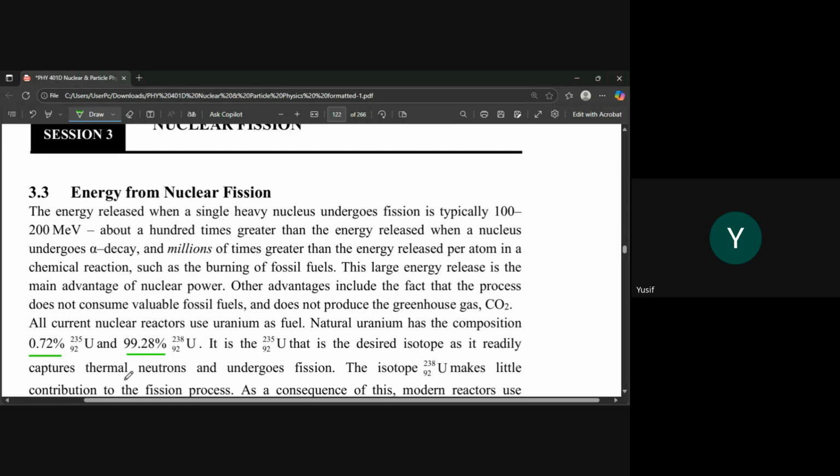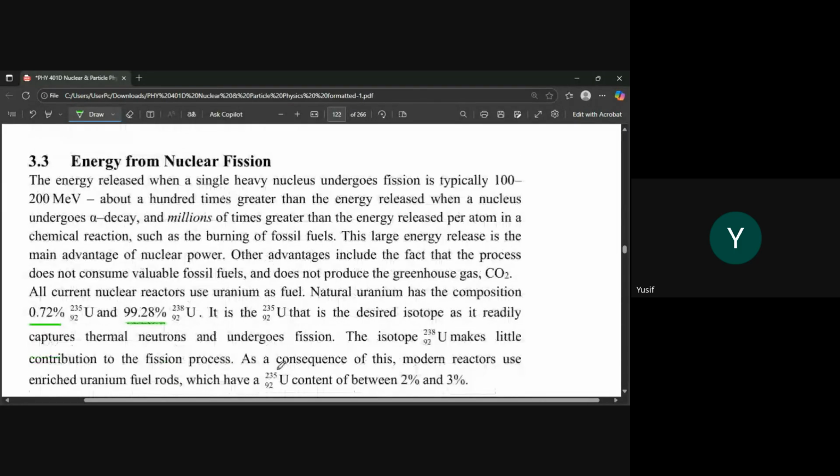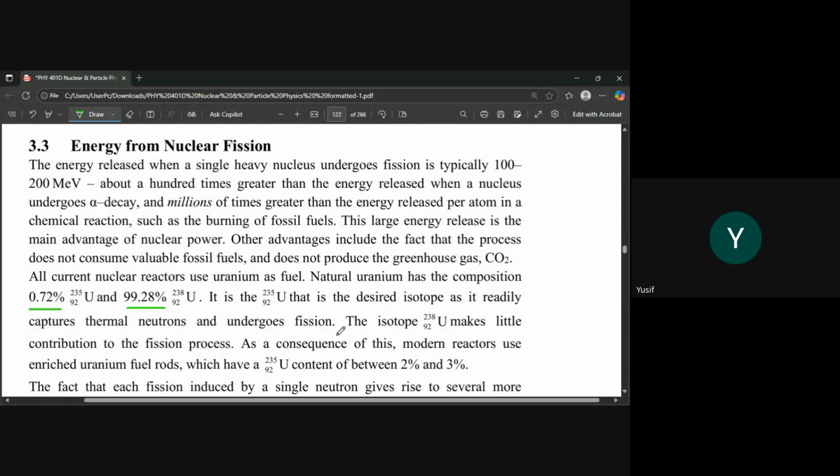So you know the kind of energy that is produced when you are using the uranium isotope. It is uranium-235 that is the desired isotope, as it readily captures thermal neutrons and undergoes fission. The isotope uranium-238 makes little contribution to the fission process.